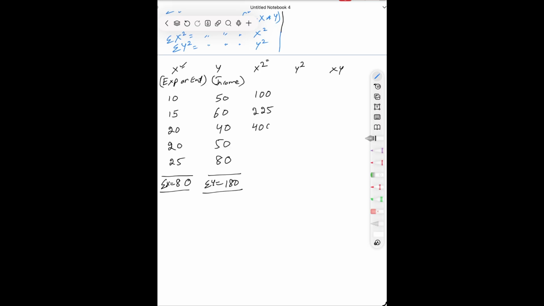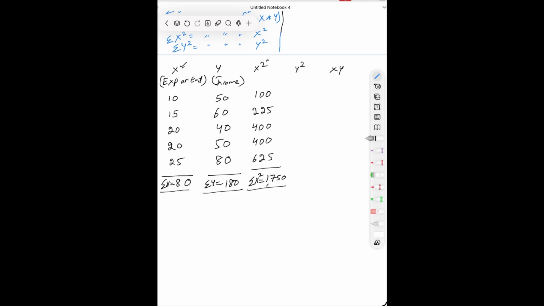Then 400, 400 and 625. So if we check the total of this figure, this comes to sigma x square. So that will be 100 plus 225 plus 800 plus 625. So it comes to 1750.